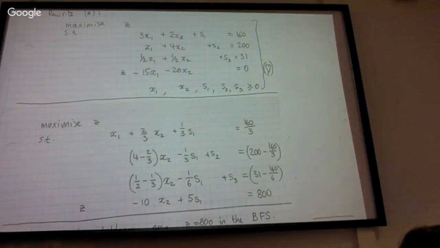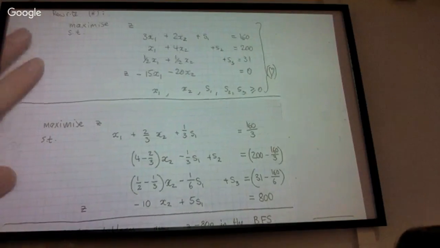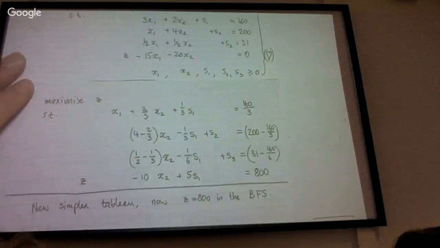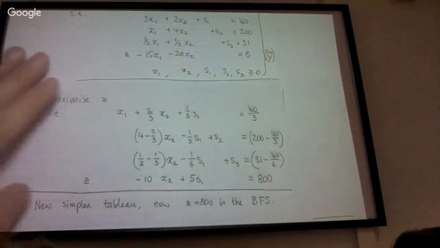And like this, we got a basic feasible solution. So what's the basic feasible solution associated with this system, with this tableau, or with this basis? Anybody still remember that from last week? This is where we ended and ran out of time.